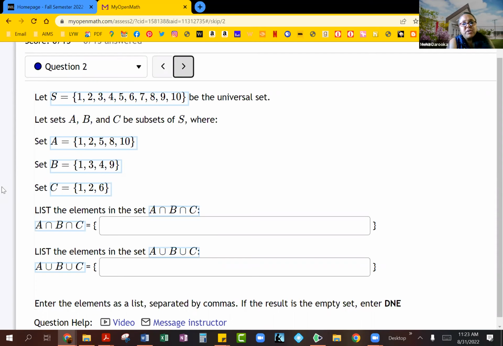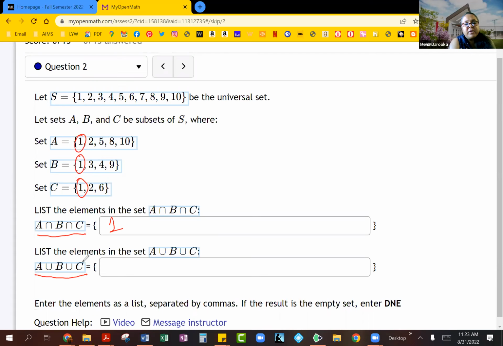So in this case, what do you see as being common between A, B, and C? Yeah, just the number 1 is common. Now, if they did a combination of just sets A and B or B and C, then those numbers would change. But since they're talking about all 3 of them, the only element that is common in all 3 of them is going to be number 1.